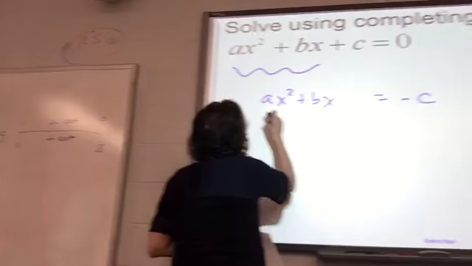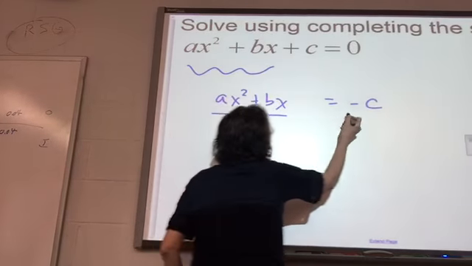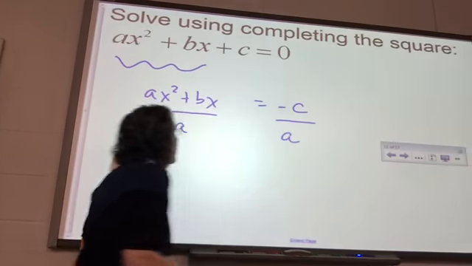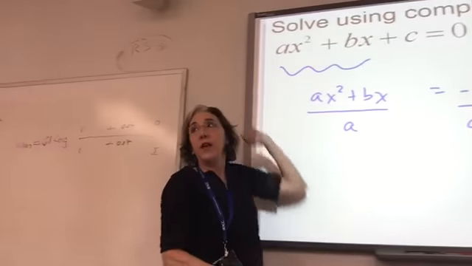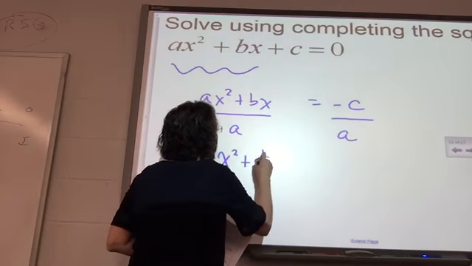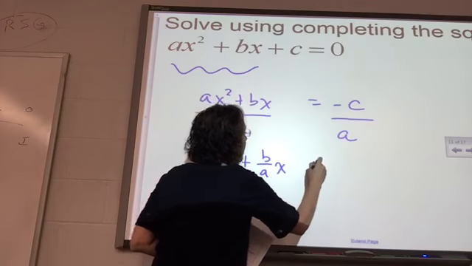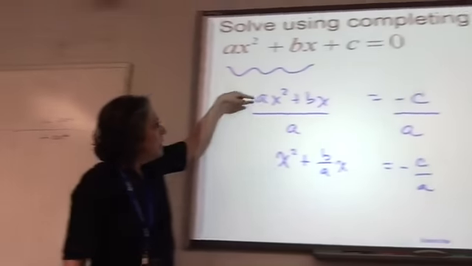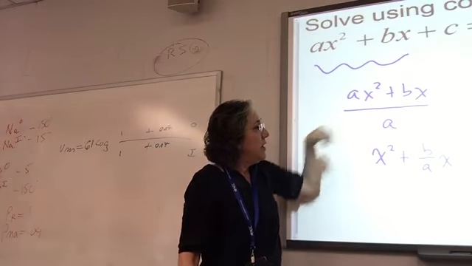Now, the first thing that happens is we have to get rid of this number in front of the x squared. Now, when you do that, both of these go over the A.